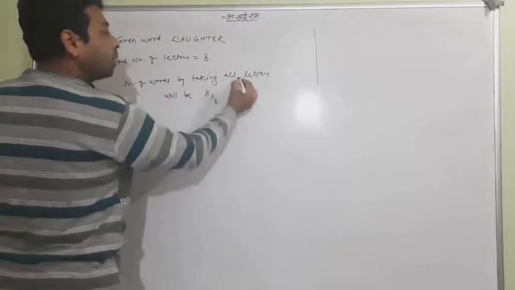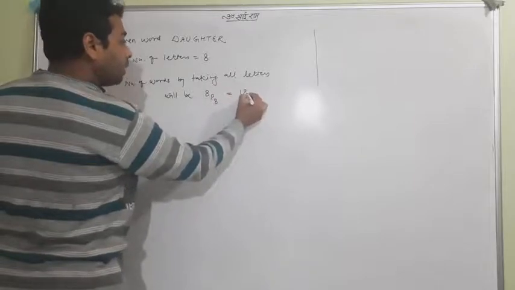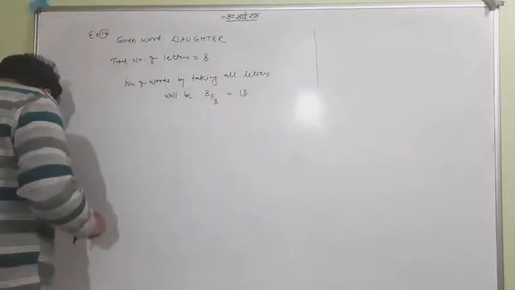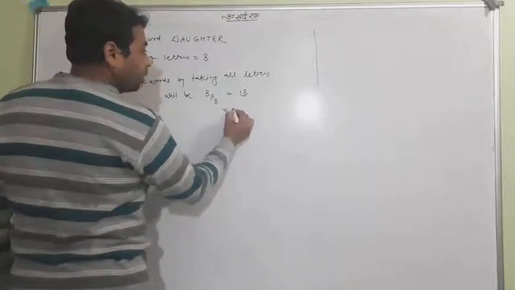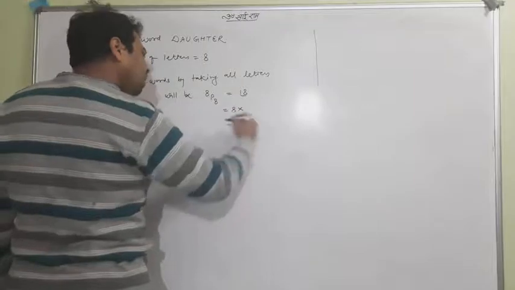We are taking all letters, meaning r equals 8, meaning factorial 8. And the meaning of factorial 8 is, you know it, 8 into down till 1.